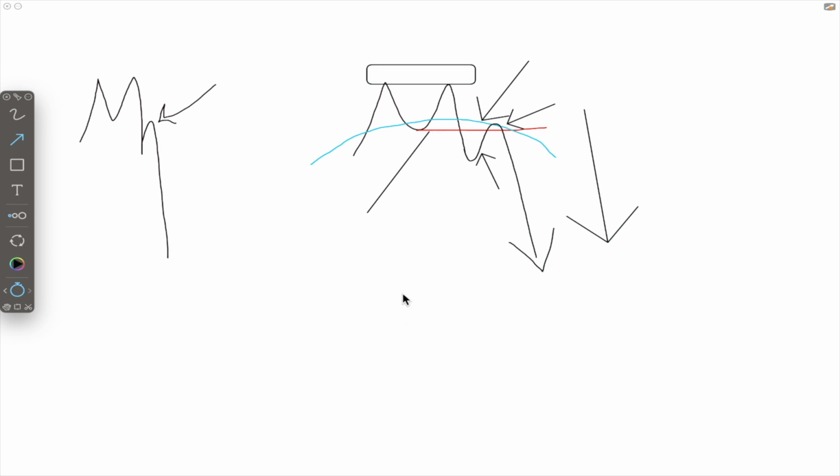Now you can see this on any time frame, be it 1 minute, 5 minutes, 15, 30, 1 hour, 4 hour, monthly time frame. You can see it anywhere and actually trade away from that zone.